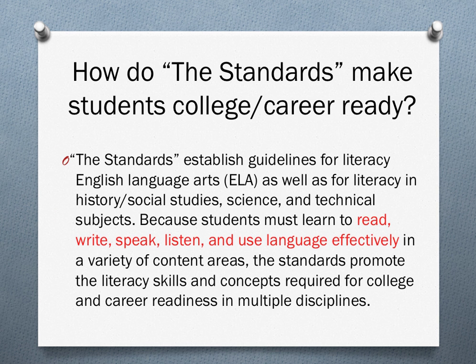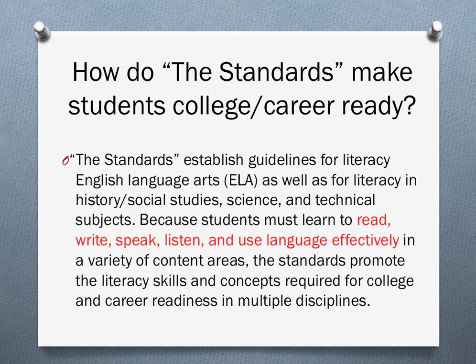So, how do the standards make students college and career ready? The standards establish guidelines for literacy in English language arts as well as literacy in history, social studies, science, and technical subjects.